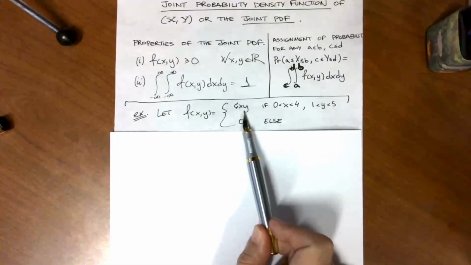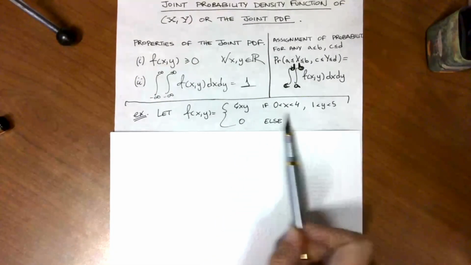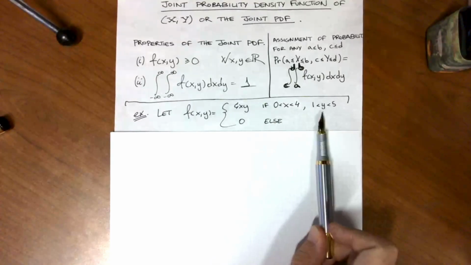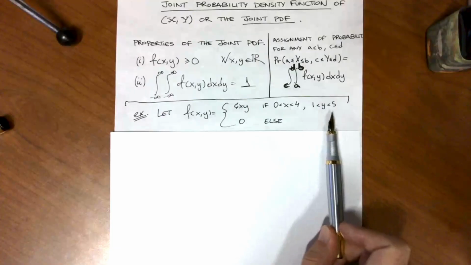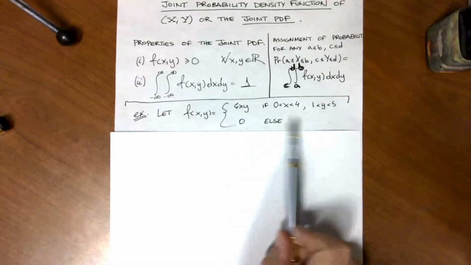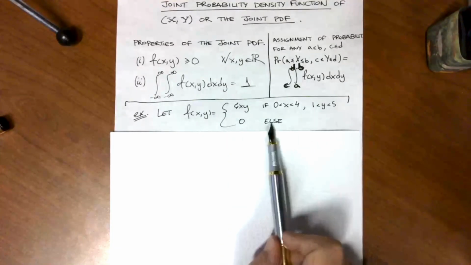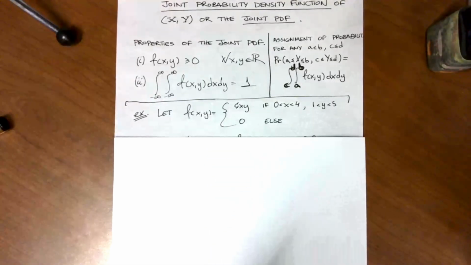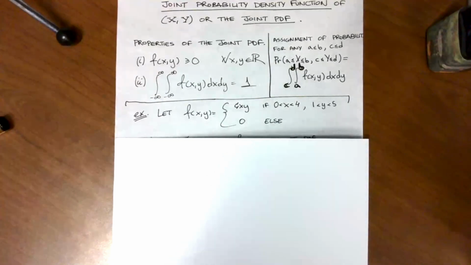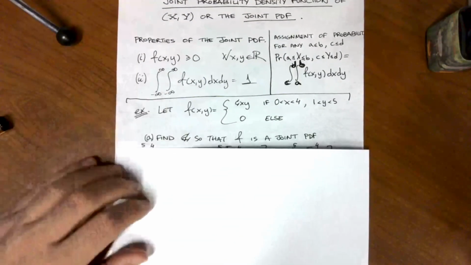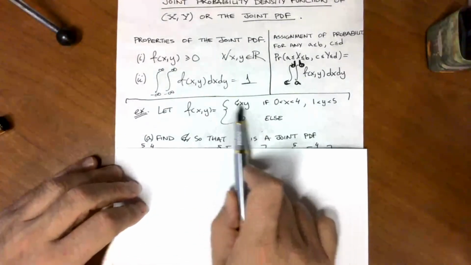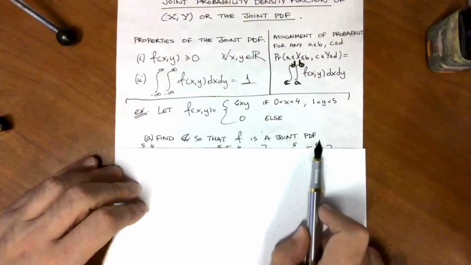So that's the functional form we're going to be using, with x ranging between 0 and 4 and y ranging between 1 and 5, and everywhere else in the domain of x and y the function values are equal to 0. This particular example is asking you to calculate what c is, so that this thing becomes a joint PDF.